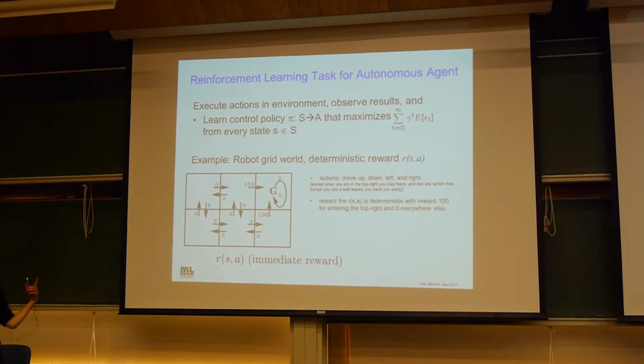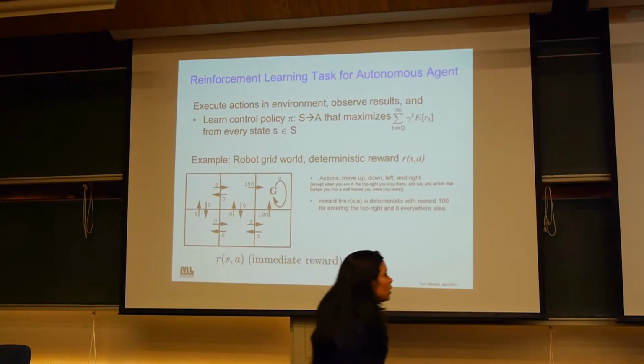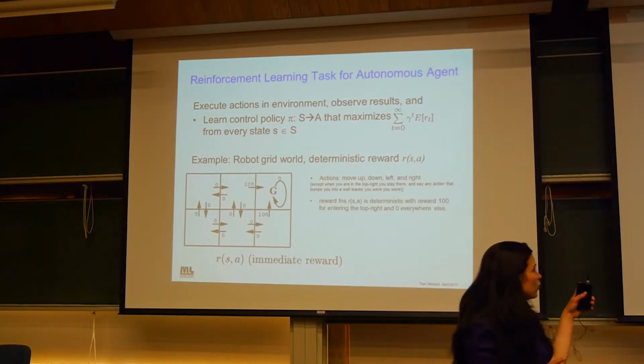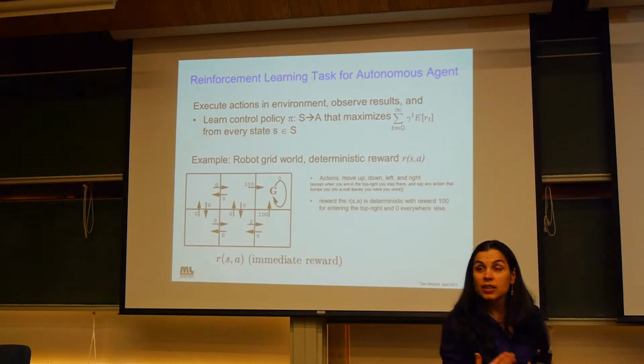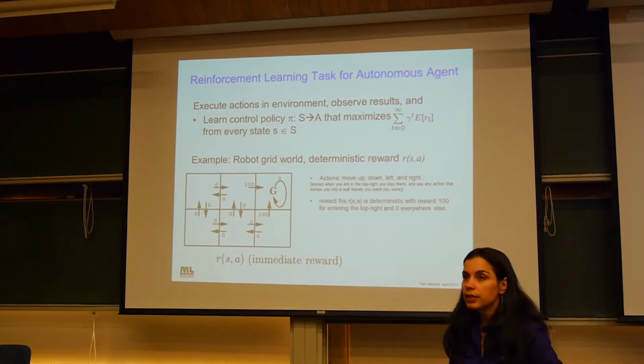It can enter the goal state only from two sides, from the left and from the bottom. Except for when the robot enters the goal state, the robot gets a reward of 0. And when it enters the goal state, it gets a reward of 100.